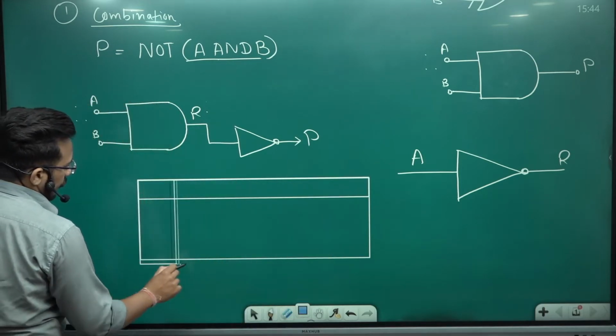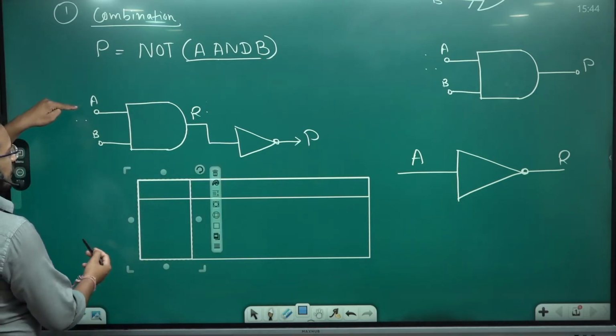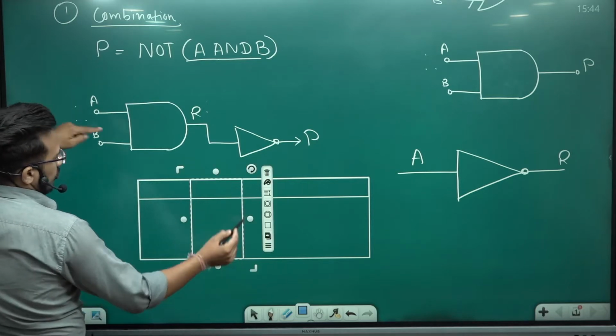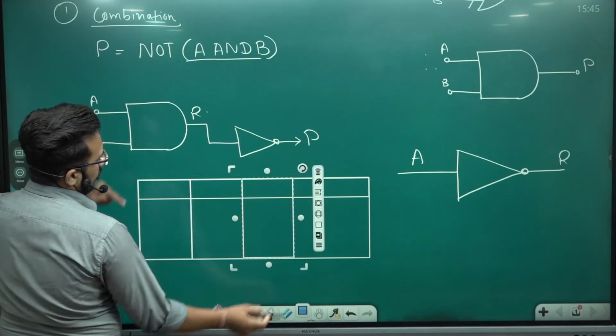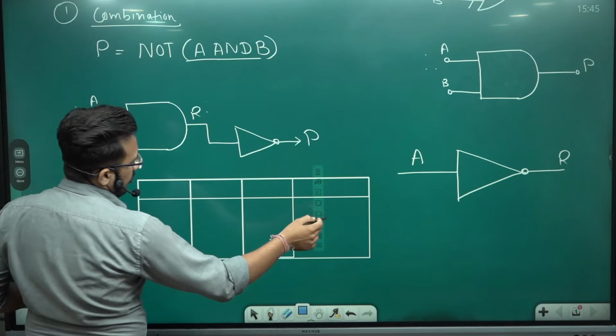First input is A, second input is B, then the third input will be R. A AND B will be R, and then NOT.